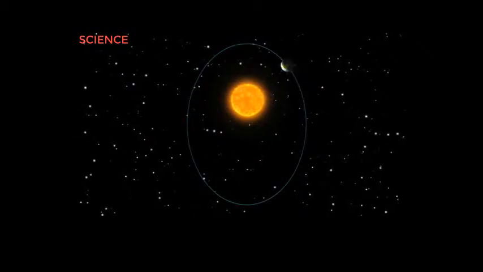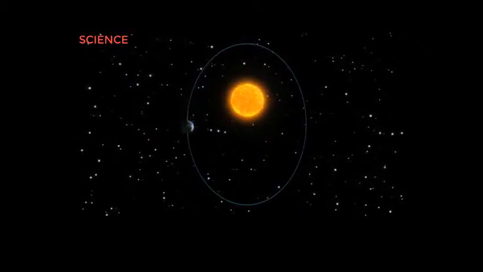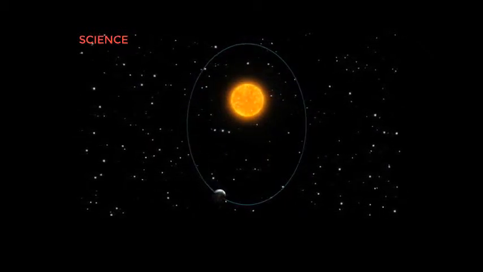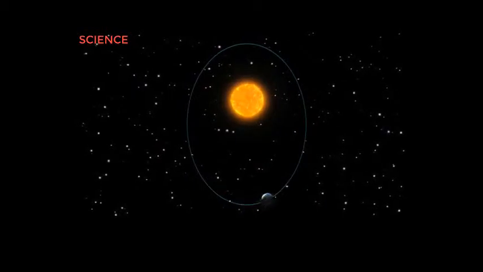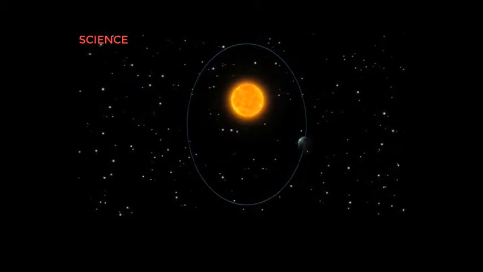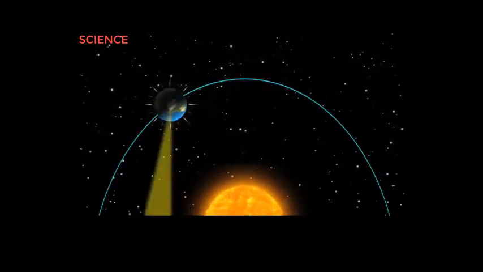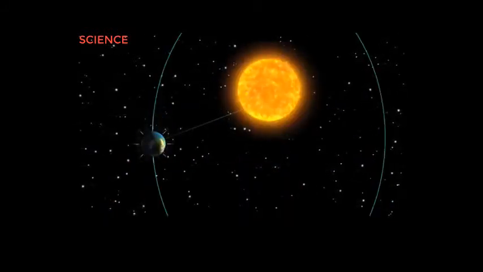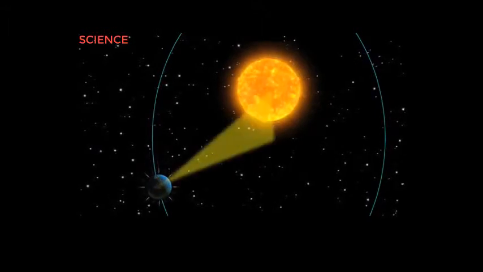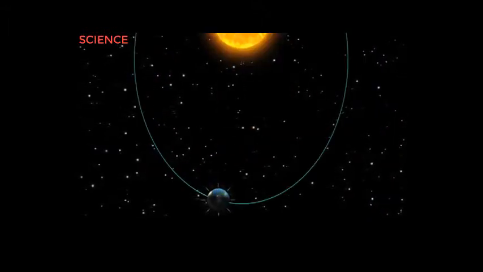First, because its orbit is an ellipse and not a circle, the Earth moves faster when it is near the Sun and slower when it is further from the Sun. So the little extra amount of rotation that the Earth needs to do to get from noon to noon changes throughout the year.